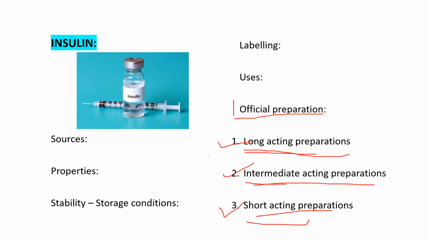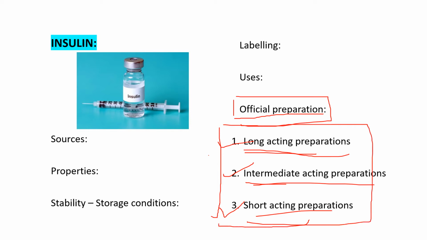In your examination, for 2 marks, the question is asked, specify or write down the official preparations of insulin. You have to write down all these 3 with their examples. Long acting example: insulin zinc suspension crystalline IPBP, protamine zinc insulin injection IP. Then second one, intermediate acting example: globin zinc insulin injection IP, insulin zinc suspension mix.